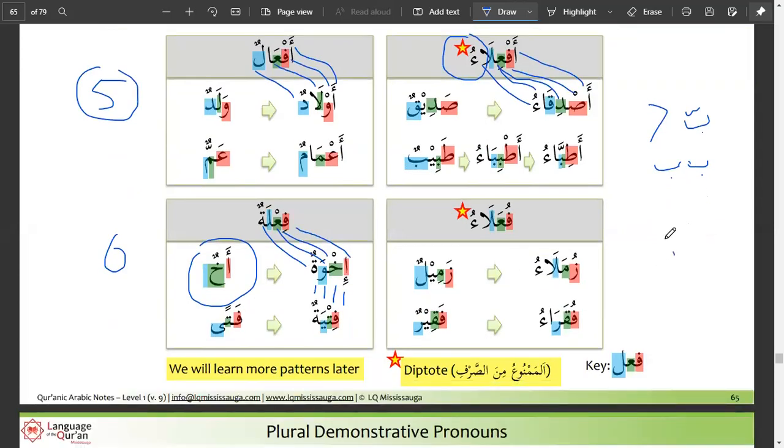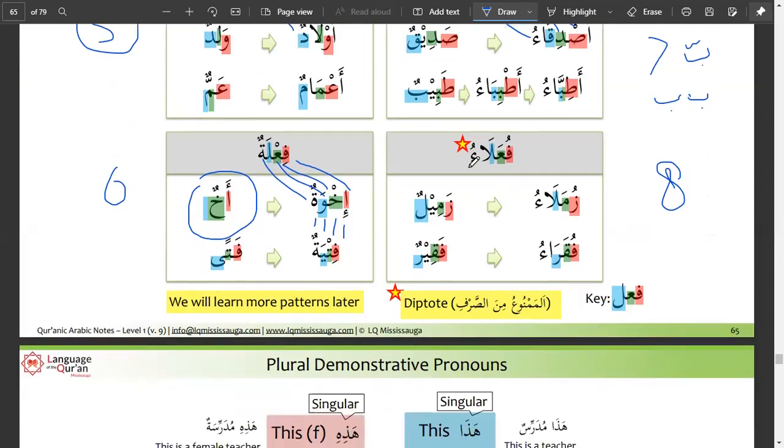And this is number 8. Zamilun, zumala'u. It is on the pattern of fu'ala'u. And the next is fakirun, fuqara'u. They have the same pattern.